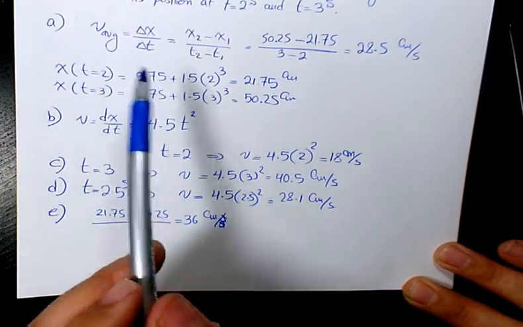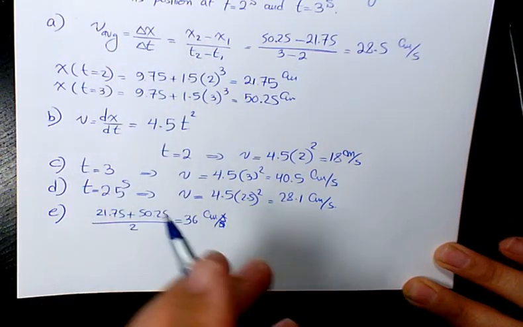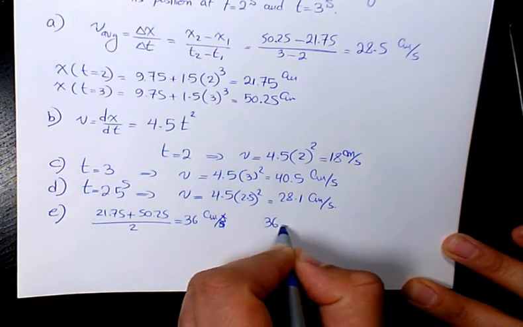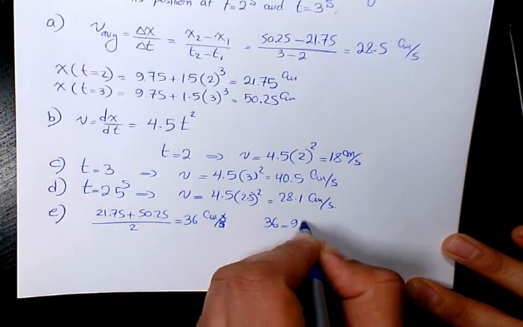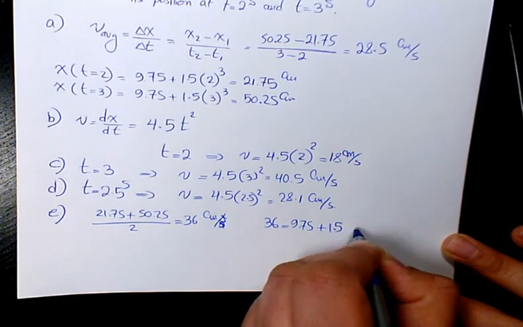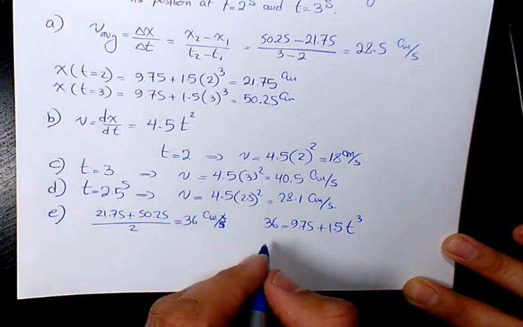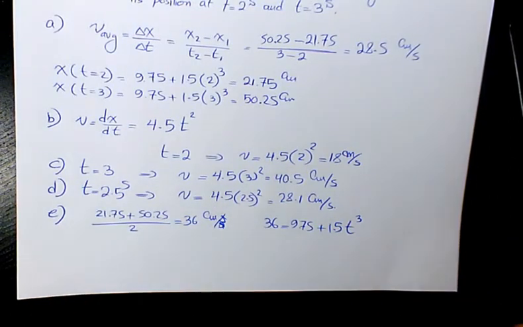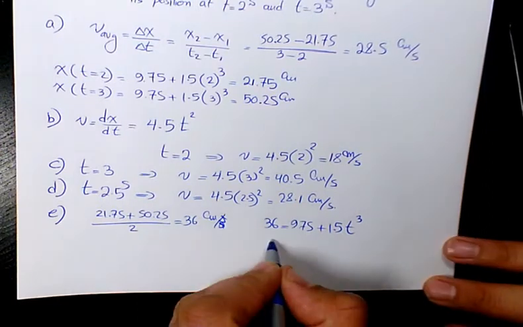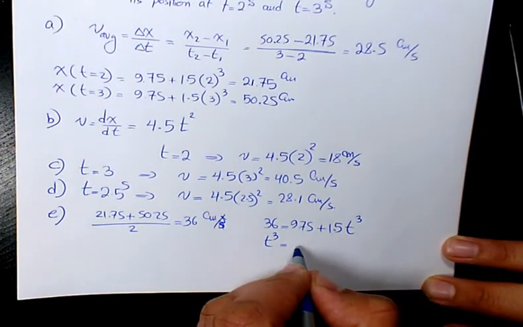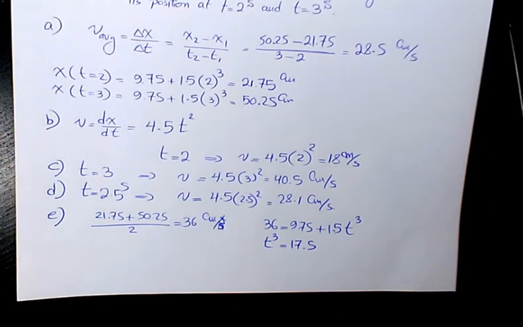It asks for the instantaneous velocity, so 36 equals 9.75 plus 1.5t to the power of 3. We need to find the value of t here, so I'm going to solve it. 36 minus 9.75 makes t cubed equal to 17.5.